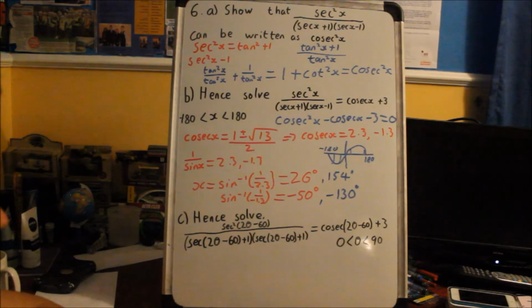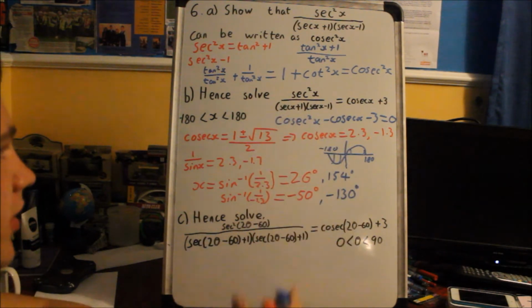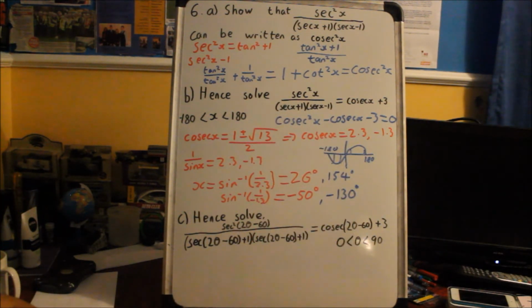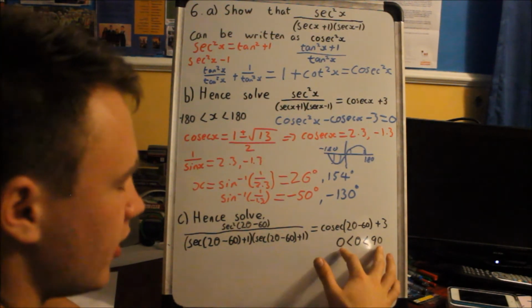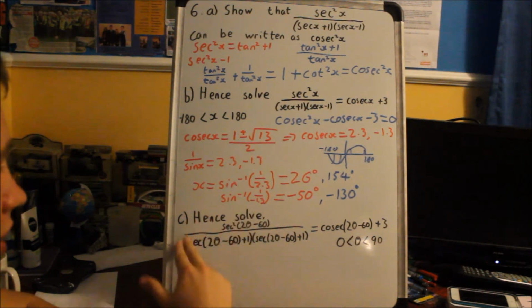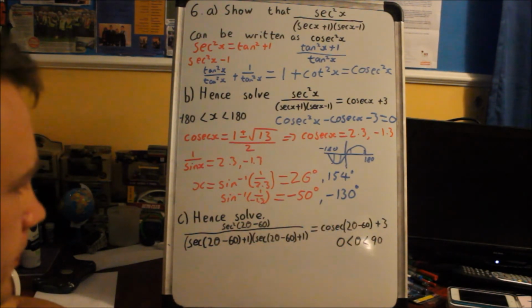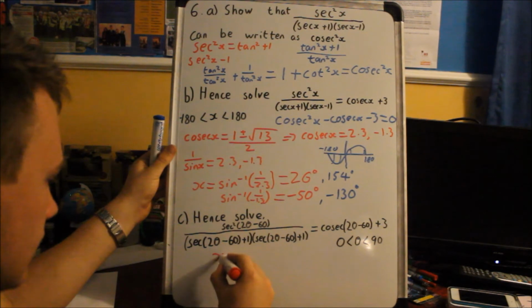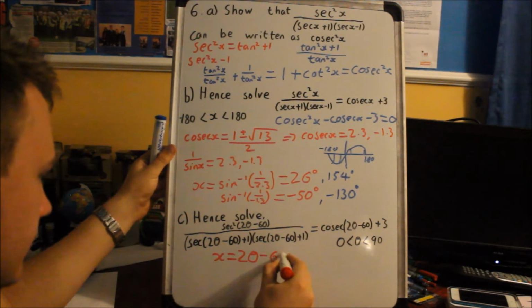So part C, hence solve sec squared of 2 theta minus 60, and basically it's the same thing, but all the x's have been replaced with 2 theta minus 60. And this time it's between 0 and 90, and we've got to find the values of theta. So we have just solved this sort of equation, but now x is equaling 2 theta minus 60, rather than just x.